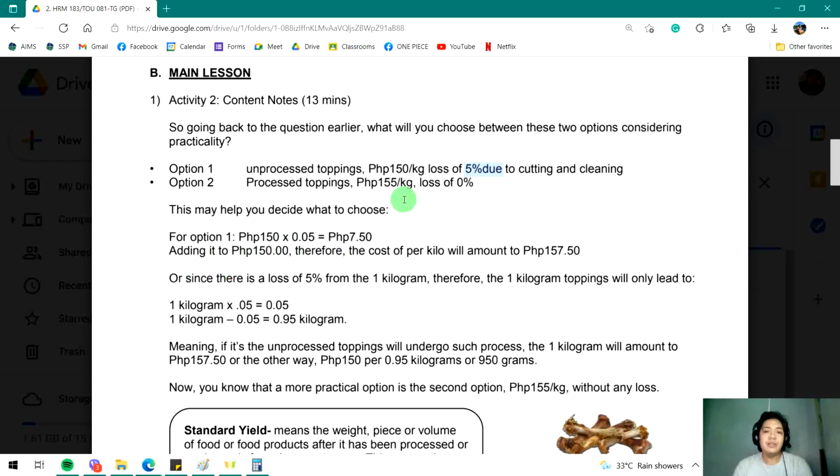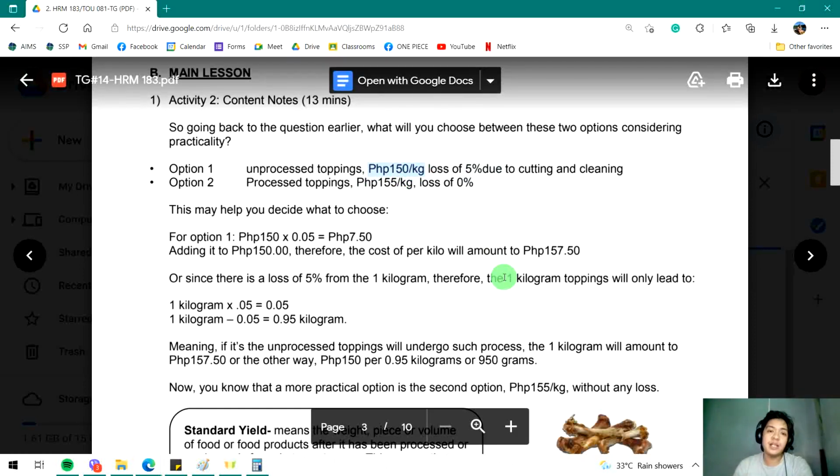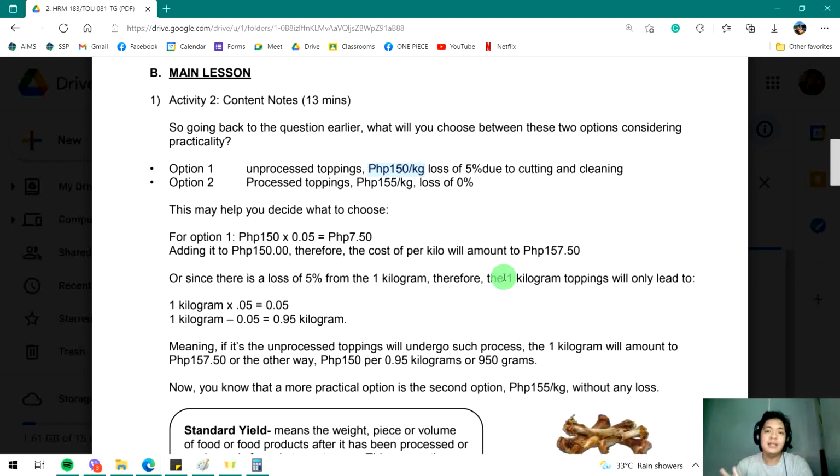Ngayon, syempre, yung nawala sa atin, kasama yun sa cost natin. Hindi lang 150 ang cost ng option number 1 natin. Kailangan din natin isama or idagdag yung nawala sa atin. Kasi nawala na siya eh. Lost na siya. It's a waste already. Kaya dapat, yung waste na yun, sinasama pa rin natin yun sa costing natin kasi binayaran natin yun.